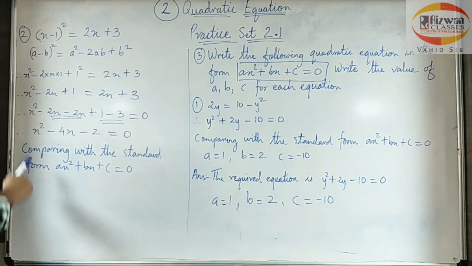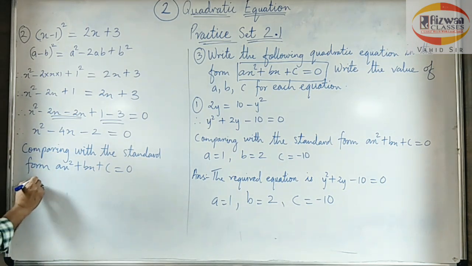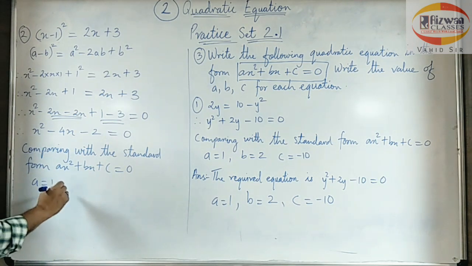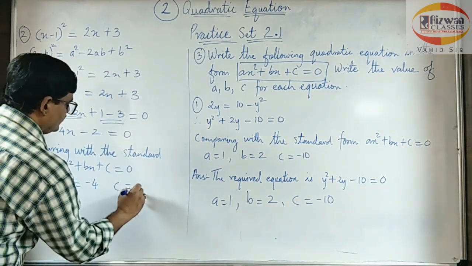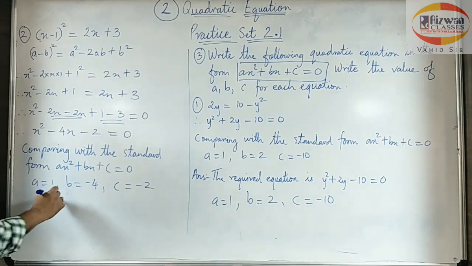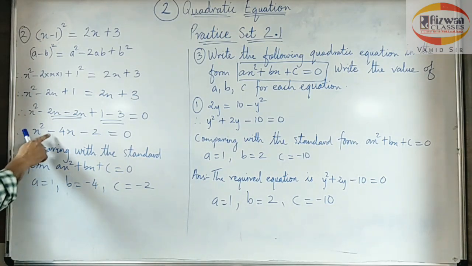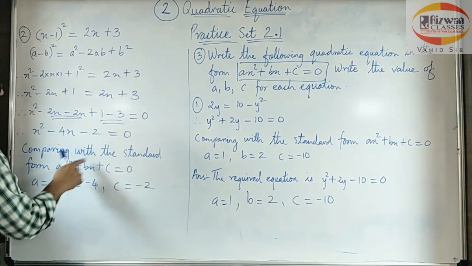Then let's compare it over there. Here A in this case will be equal to 1. B will be equal to minus 4 and C will be equal to minus 2. So can you see this over there? A is 1, B is minus 4 and C is minus 2.